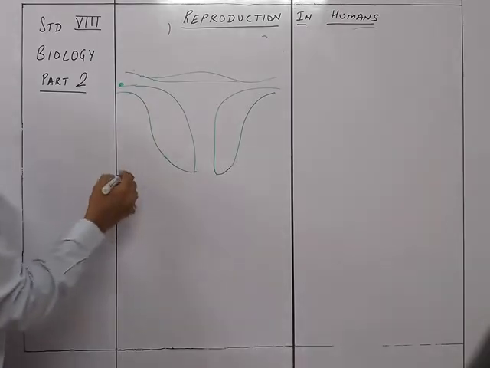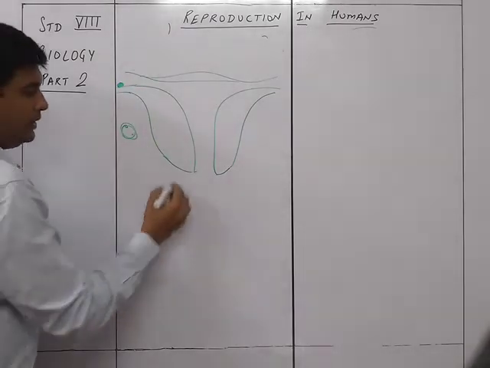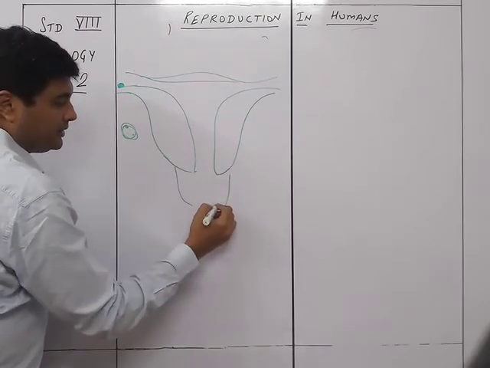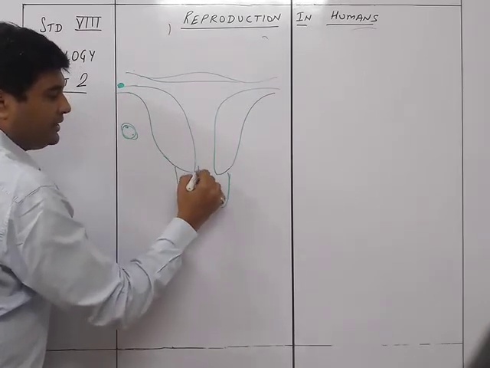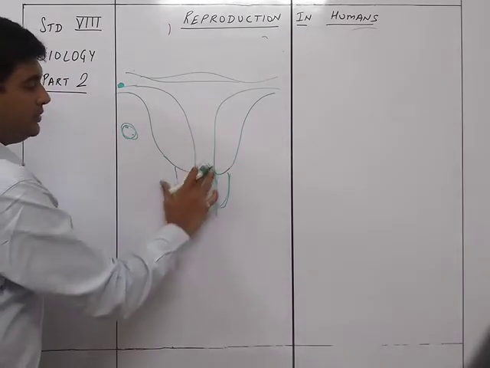The egg which has come from the ovary has come and reached over here. This is the vaginal opening. The vaginal opening is going to take in the penis. So the penis is going to enter into the vaginal opening.